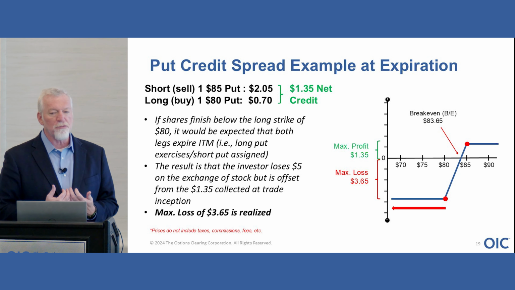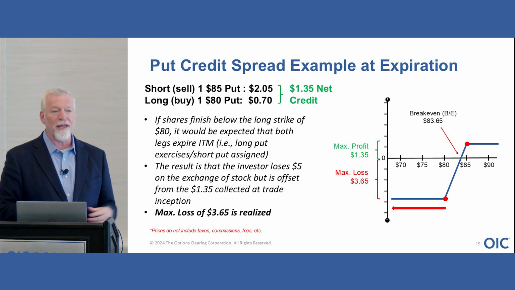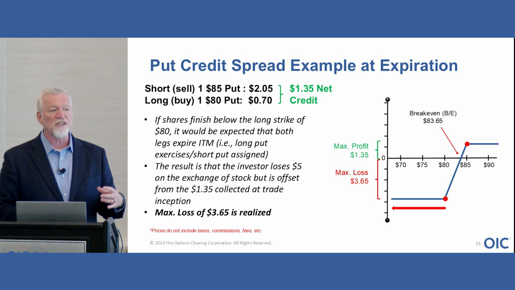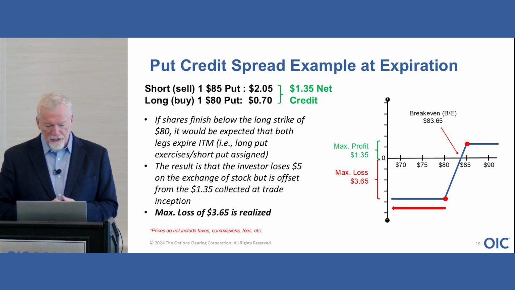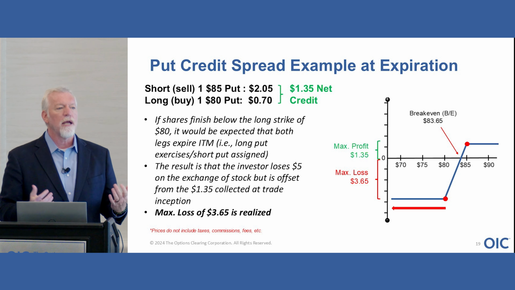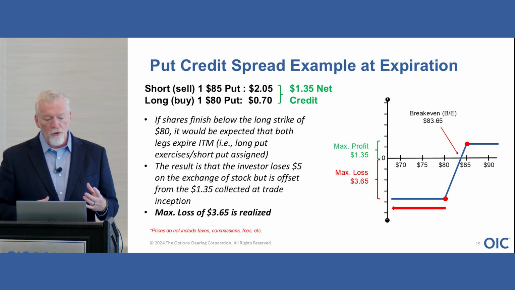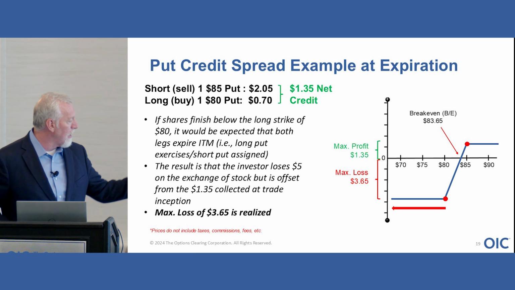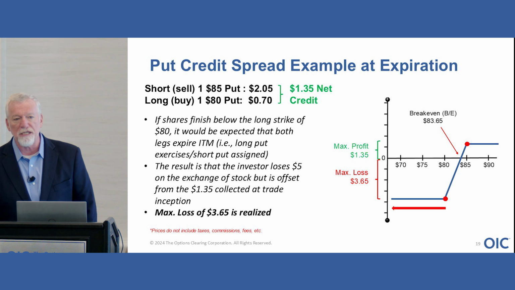So stock gets put to me at 85, I turn around and sell it at 80. I lost $5 on the stock. That's offset by the net credit of $1.35 that I collected at trade inception. So my maximum loss is $5 on the stock minus the $1.35 that I collected up front. That's going to be my maximum loss of $3.65.